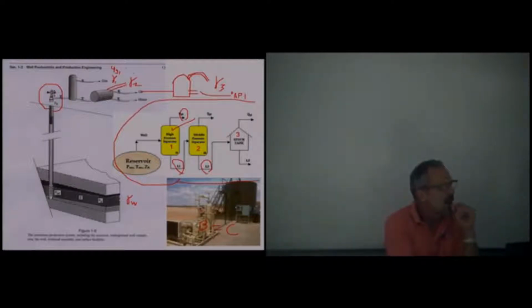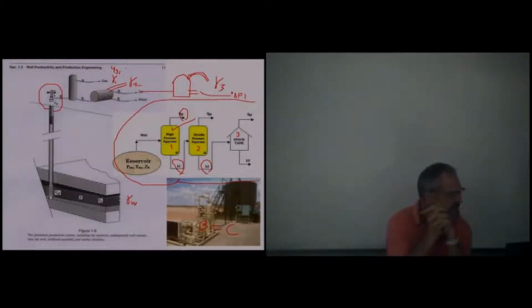So normally we have the high pressure separator gas sold divided by the stock tank liquid gas oil ratio. And that would be called R1.